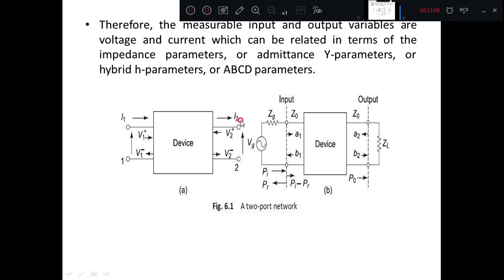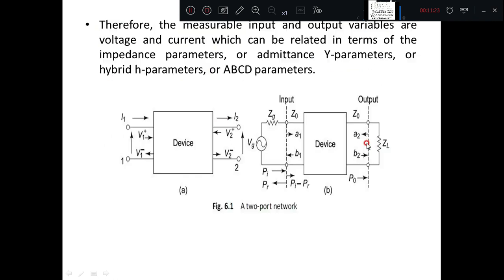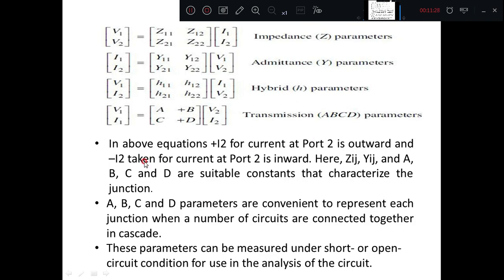I2 plus is the transmitted current at port 2, and I2 minus is the reflected current at port 2. The current at port 2 is outward for I2 plus, and for minus I2 the current at port 2 is inward, meaning it is reflected towards port 1, that is, it is inward from port 2.